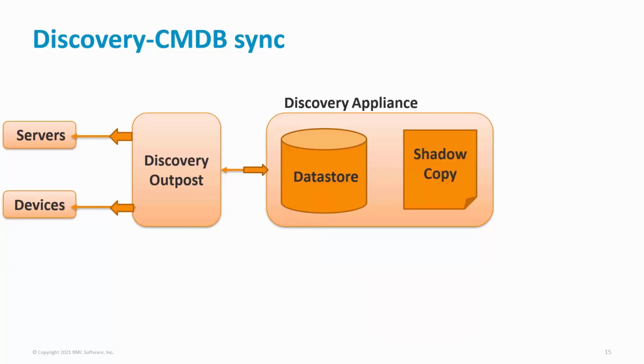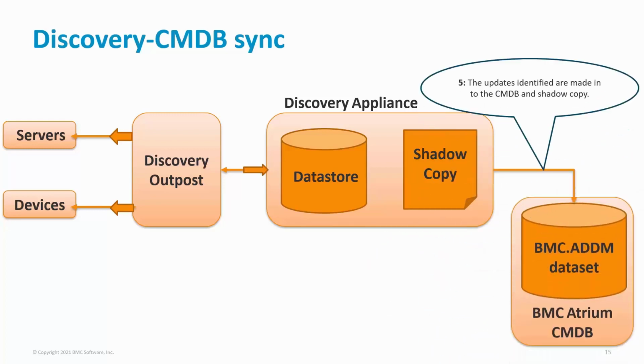In stage 4, shadow copy comes into the picture. As I mentioned, shadow copy stores the data that Discovery has sent to the CMDB. Discovery does this to identify changes in CI by comparing the target subgraph, which was prepared in stage 3, with the corresponding subgraph that is stored in the shadow copy from the previous sync of the CI.